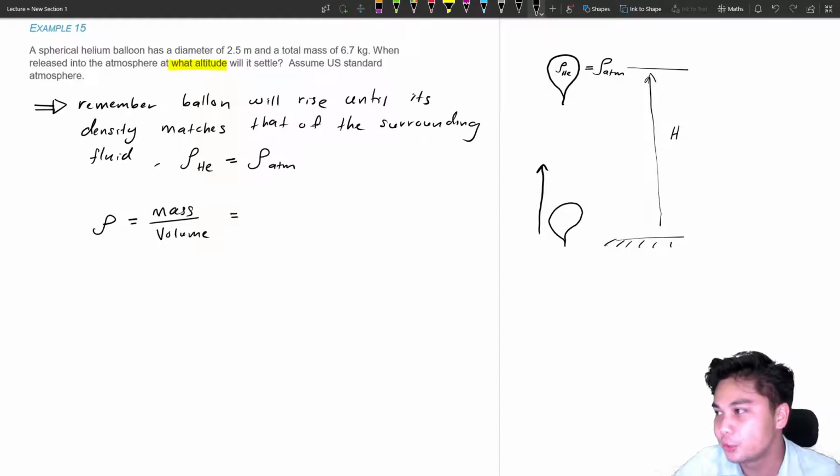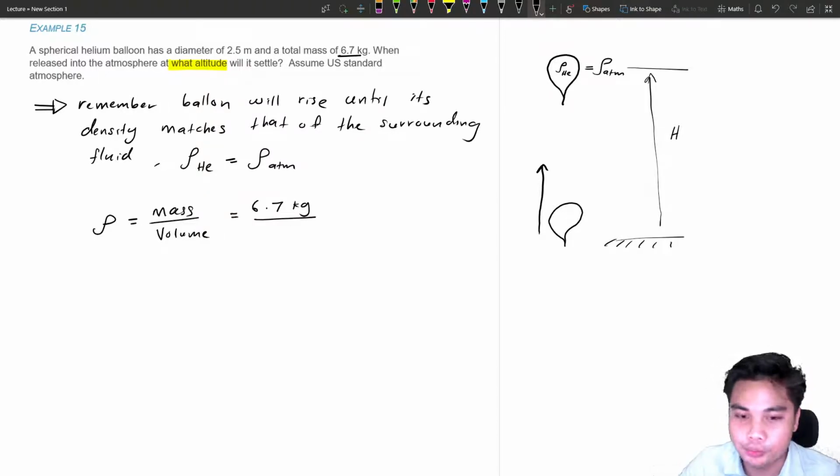This is equivalent. So in order to get the P atm that relates to the height H, we need to find the density of the helium first. The density of helium equals mass, which is given as 6.7 kilogram, over the volume.